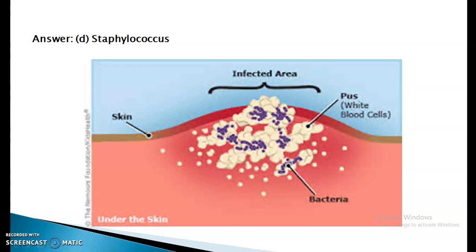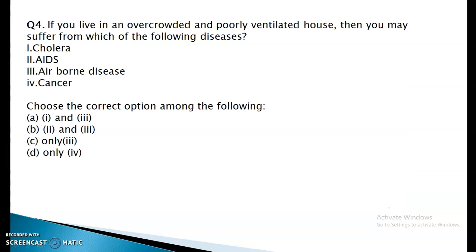Moving forward, we have question 4. If you live in an overcrowded and poorly ventilated house, then you may suffer from which of the following diseases? Your options are: A, cholera; B, AIDS; C, airborne diseases; and D, cancer. Here you need to choose the right option among the following.